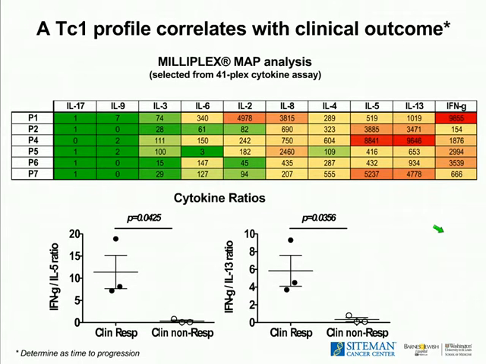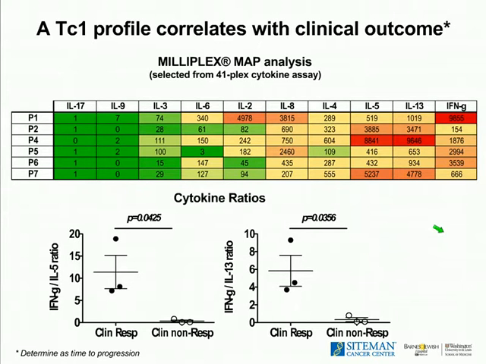So T cells from the clinical responders make more interferon gamma, and from the non-responders make more IL-5 and 13. And when you do a ratio, the difference between clinical responders and non-responders is significant. So the clinical responders have a TC1 biased response. The clinical non-responders have a TC2 response.